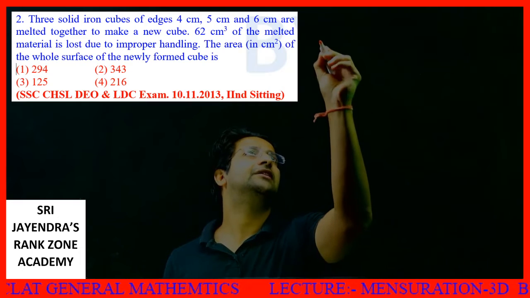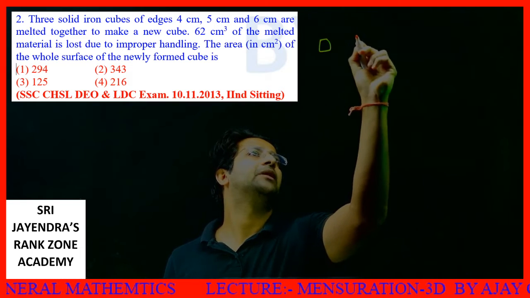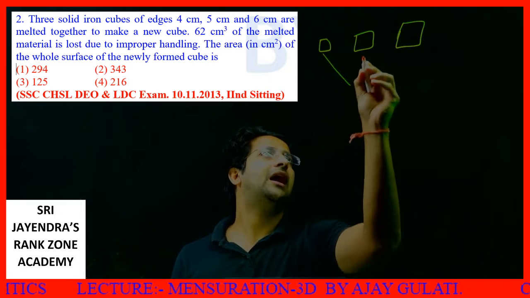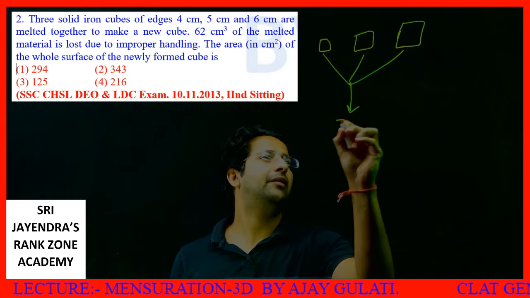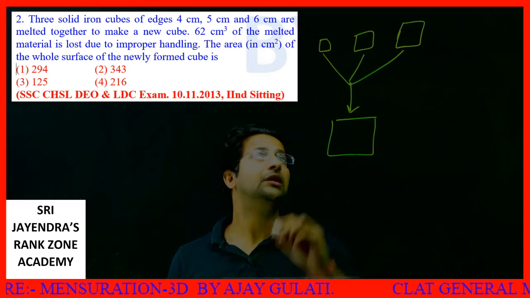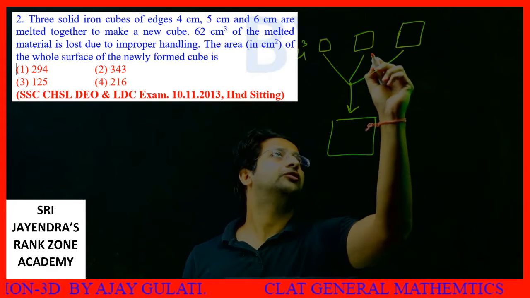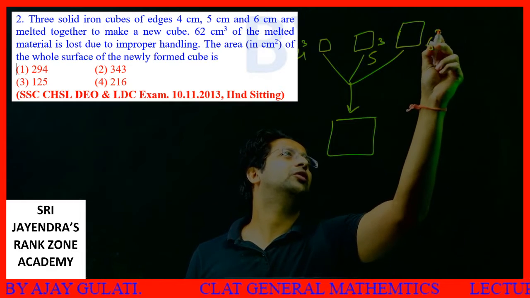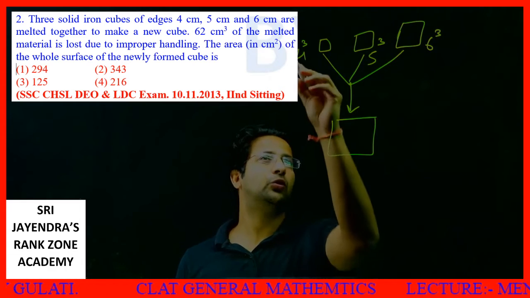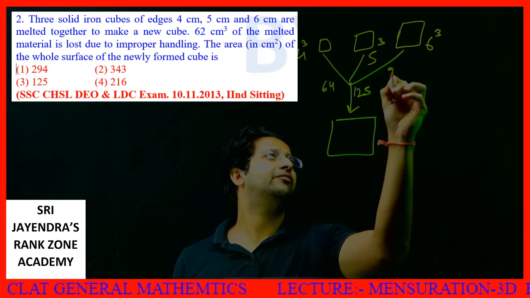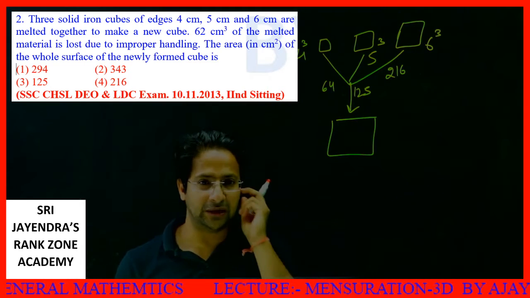They are melted. Let's say this is one cube, this is the second cube, this is the third cube. They are melted to form one big cube. This is 4, so its volume will be 4 cube. Its volume will be 5 cube. Its volume will be 6 cube. So the total volume will be what? 64 plus 125 plus 216.